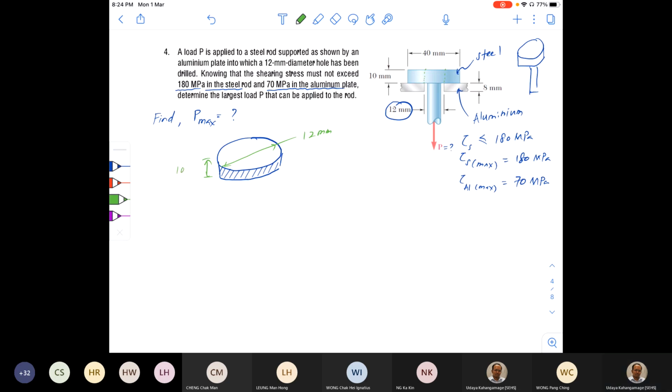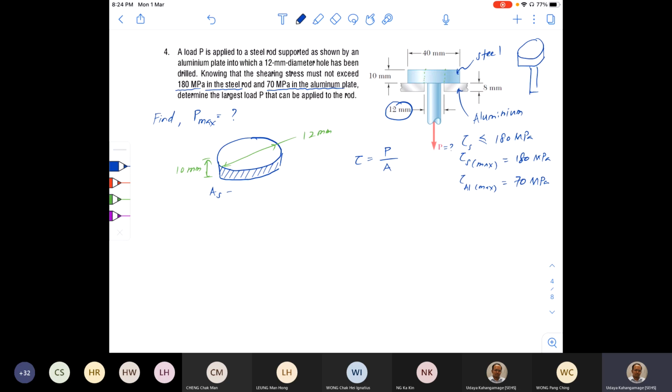Yeah. If I want to find the shear area, and mark it as AS, because later we know that shear stress tau is equal to the shear force P, whatever force is applied, divided by the cross-sectional area.